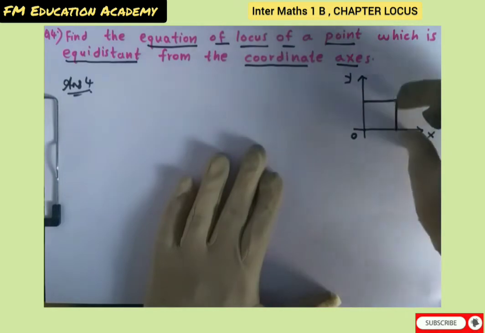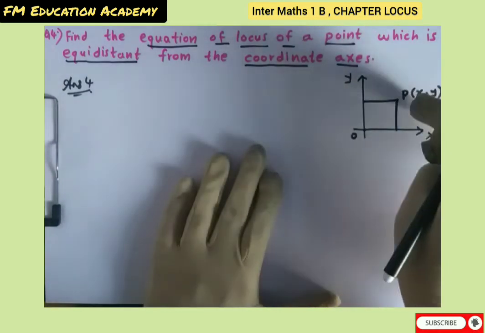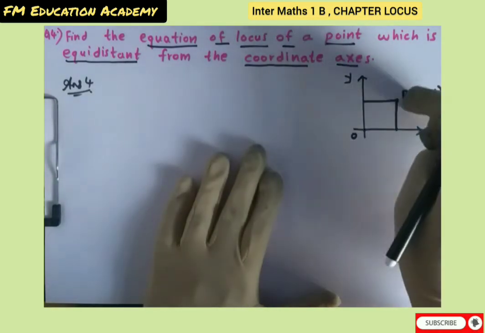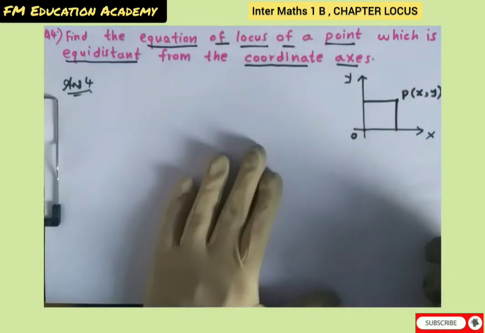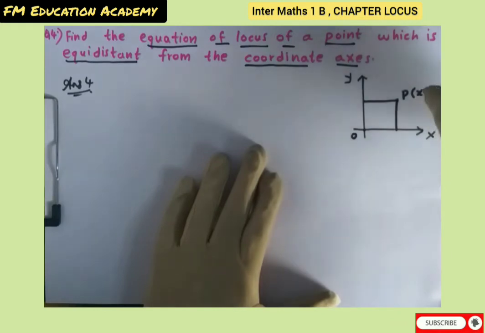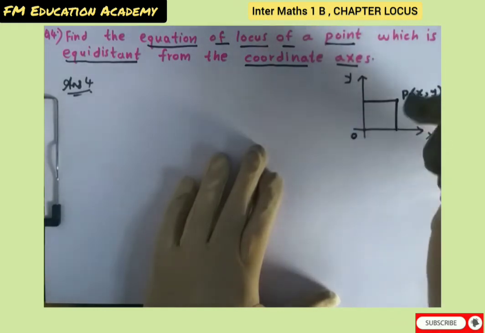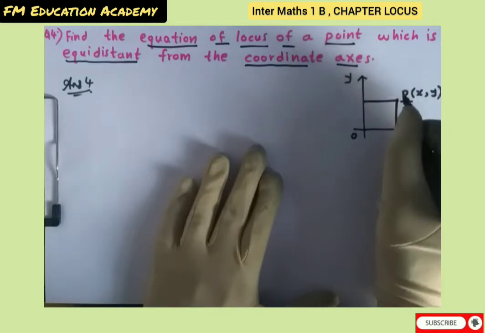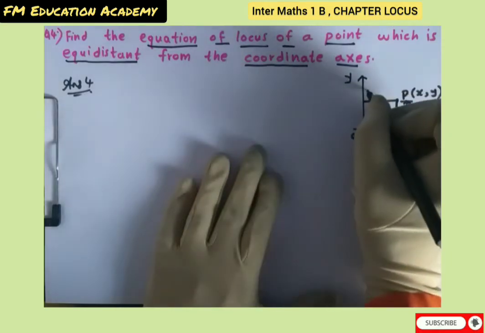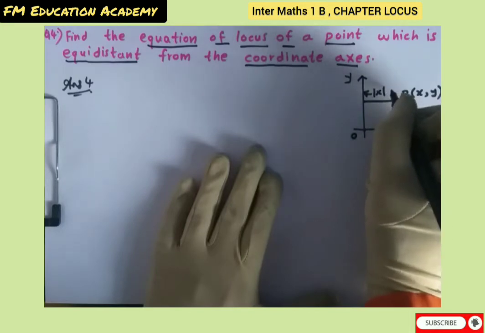That is, this distance and this distance are equal, because the distance from the point to the y-axis and the distance from the point to the x-axis are equal. Now we know from coordinate geometry basics that the distance from a point to the x-axis is always mod y, and the distance from a point to the y-axis is always mod x.